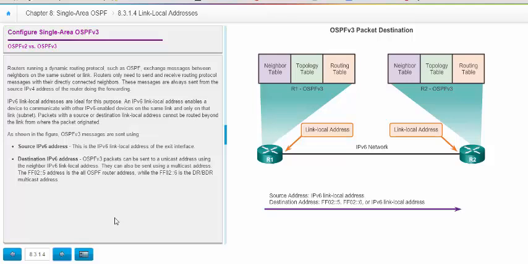It's not going anywhere else. It's hanging out there on the link local. With your source IPv6 address, this is the IPv6 link local address of the exit interface, and then your destination IPv6 address for the OSPF version 3 packets can be a unicast address using the neighbor's IPv6 link local address. That way it's only going to where it needs to go.